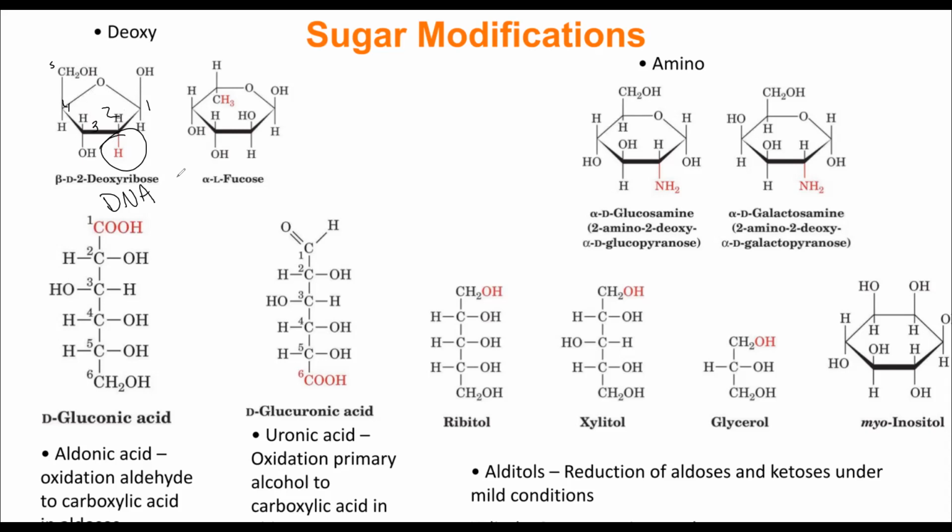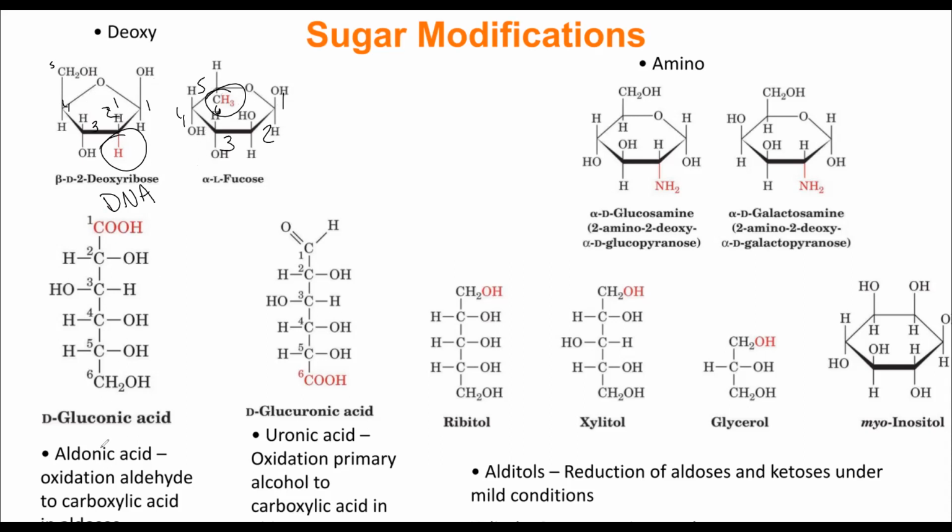And you can also have this at different positions. We have learned from biology, DNA is 2', but here we have it on a different carbon. So carbon 1, 2, 3, 4, 5, 6. Here, carbon 6 has had its OH removed.